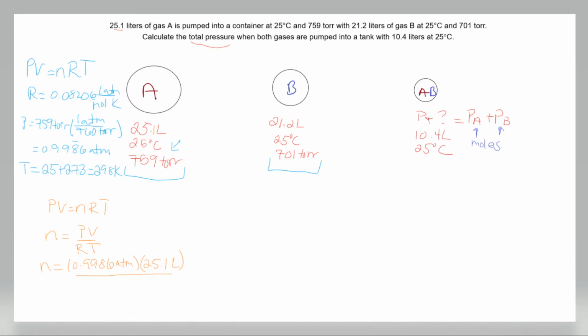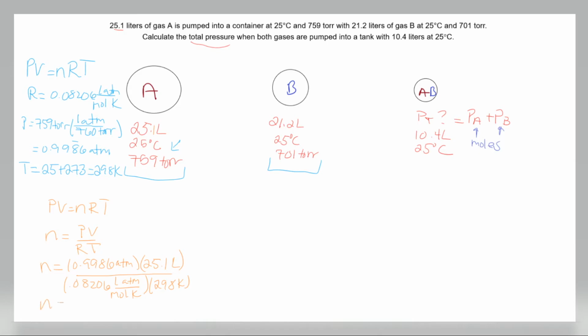Units need to cancel. And then on the bottom, we got the gas constant, 0.08206 liters atmosphere per mole Kelvin times 298 Kelvin.